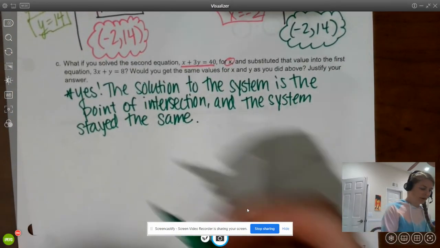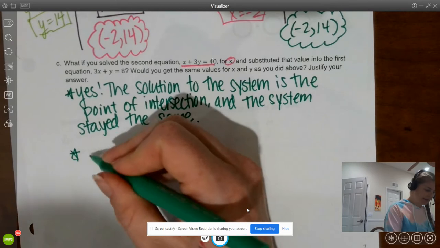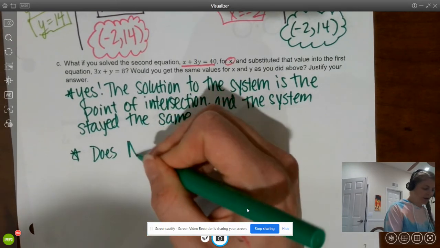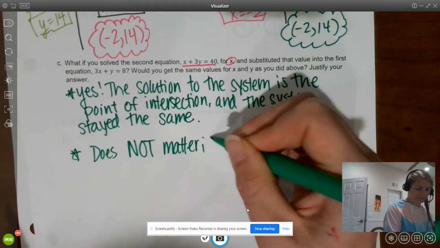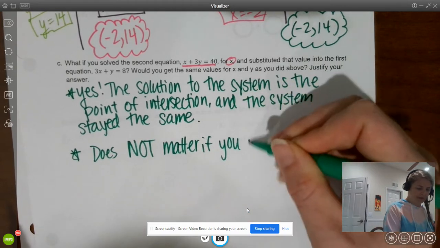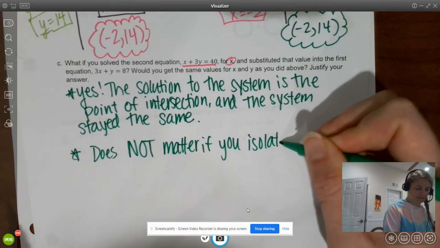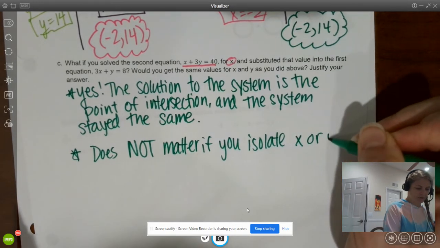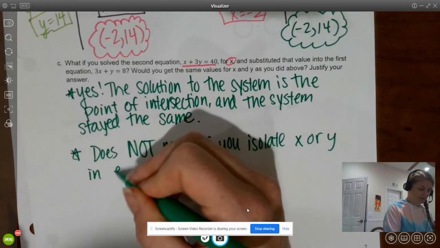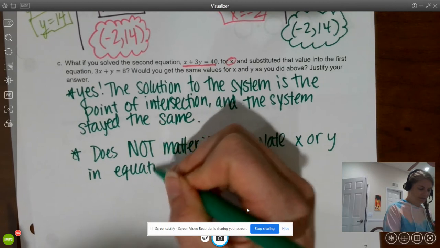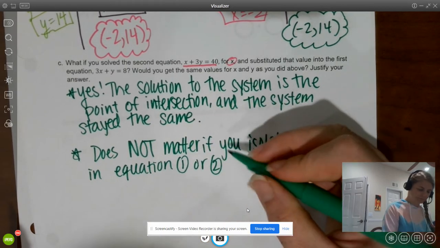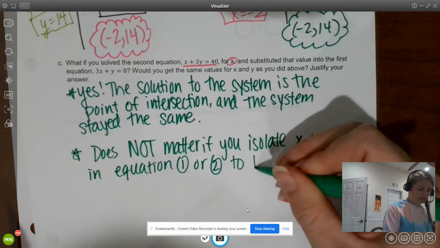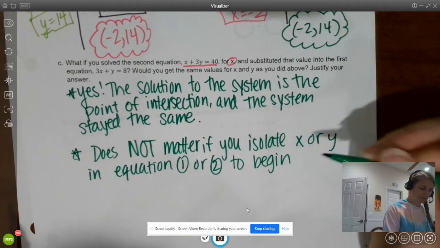And what's really important about this is it does not matter if you isolate x or y in equation 1 or 2 to begin substitution.